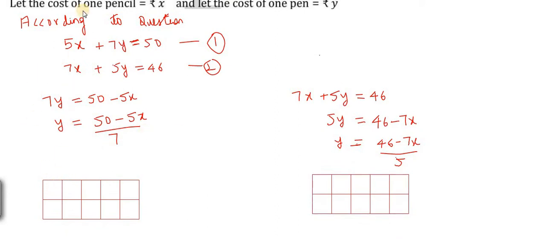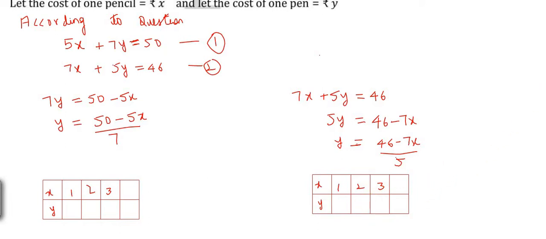Here I'll give x equal to 1, 2, 3. I think 3 points are enough, no need to go for much. So I'll give x equal to 1, 2, 3.